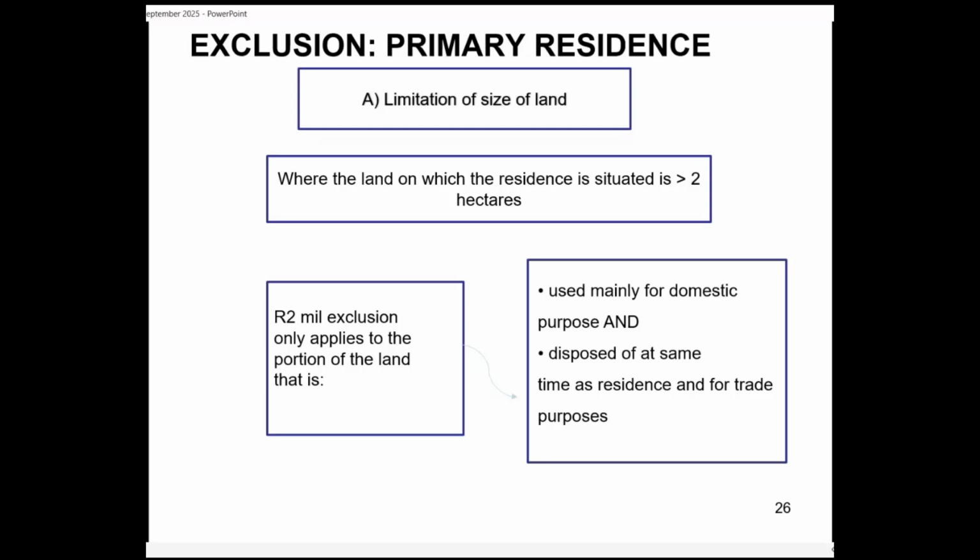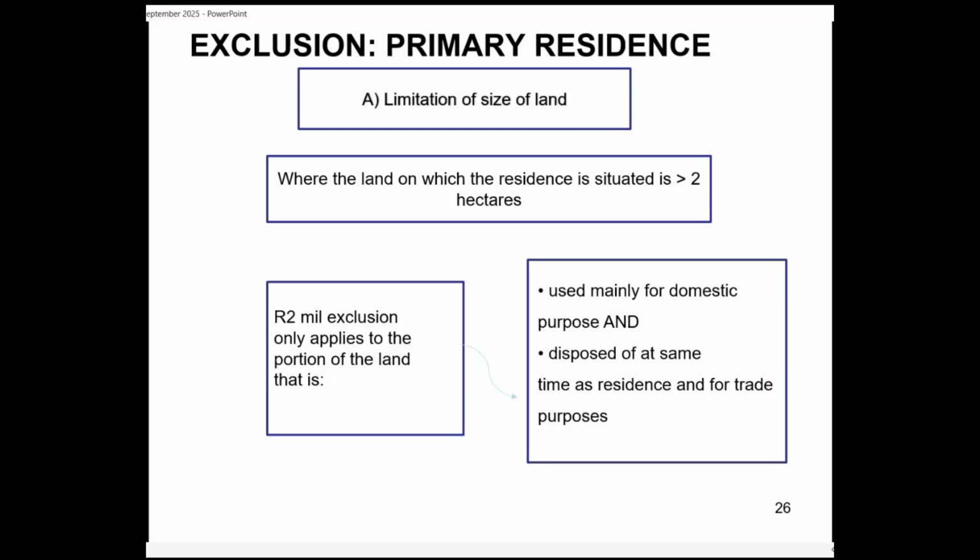So let's start again. The exclusion on a primary residence has a limitation on the size of the land. You must remember this limitation, because you need to calculate it by the size of the land. Where the land on which the residence is situated is greater than 2 hectares, the 2 million exclusion will only apply to a portion. You need to calculate the portion that is excluded.